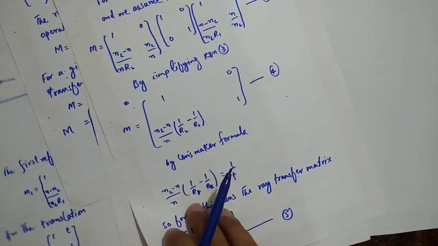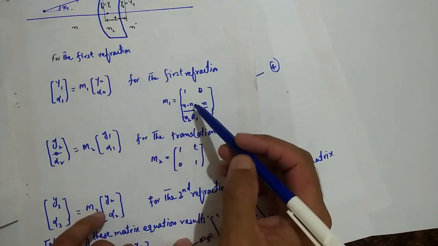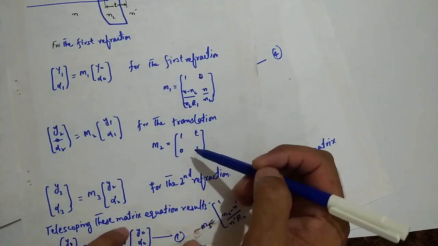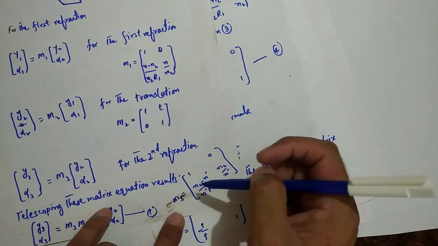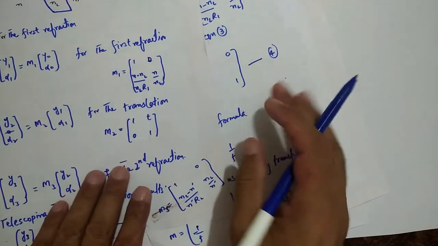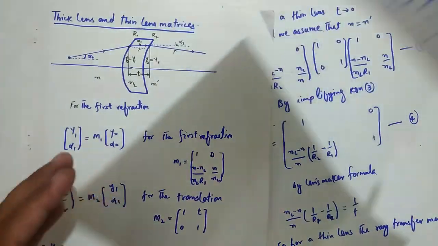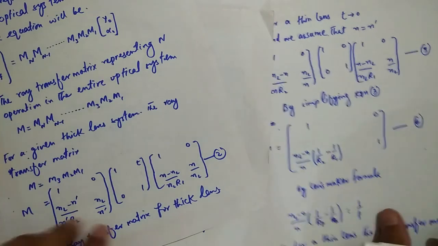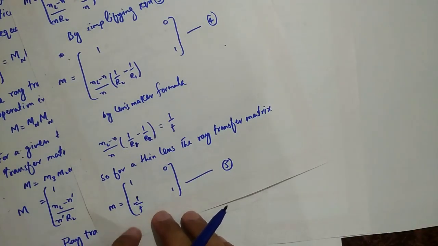So this one is for the refraction from a spherical interface. This is for the translation through a homogeneous medium, and again this is for the refraction through a spherical interface. And this one is the ray transfer matrix for a thick lens, and this one, which is in the simplified form, is for a thin lens. So thank you very much.